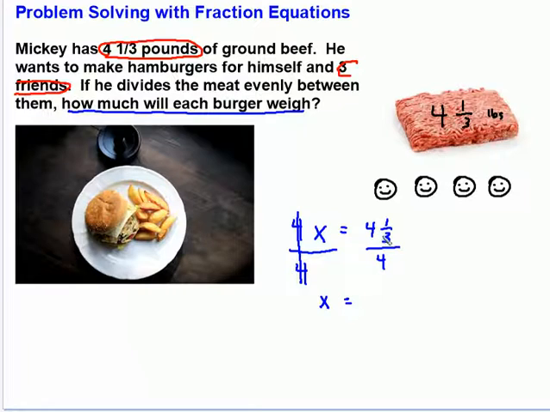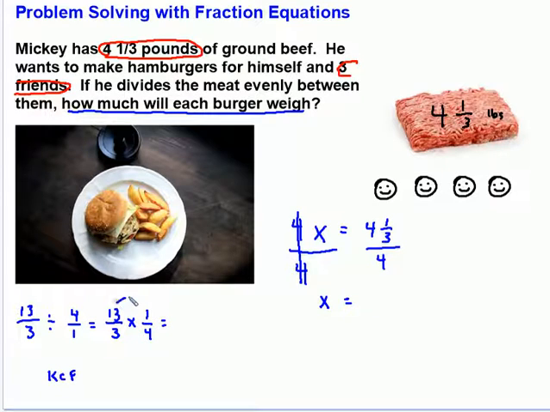Let's convert this to an improper fraction to do the math. 4 times 3 is 12, plus 1 is 13. So we wind up with 13/3 divided by 4. And remember that 4 is always 4 over 1. Then we do our keep, change, flip. We'll keep our original fraction, 13 over 3. We'll change our division to multiplication, and we will flip our second fraction to give us 1/4.